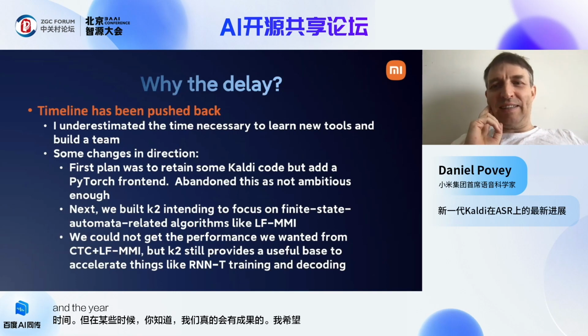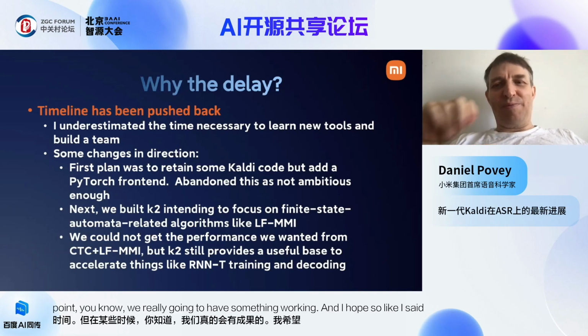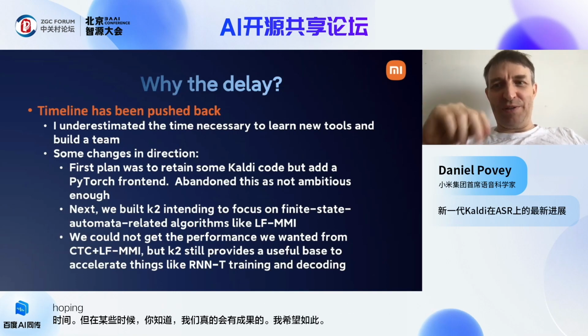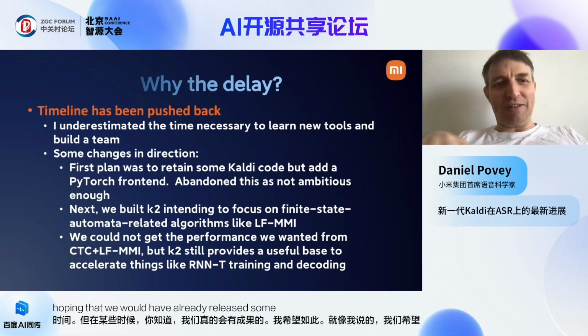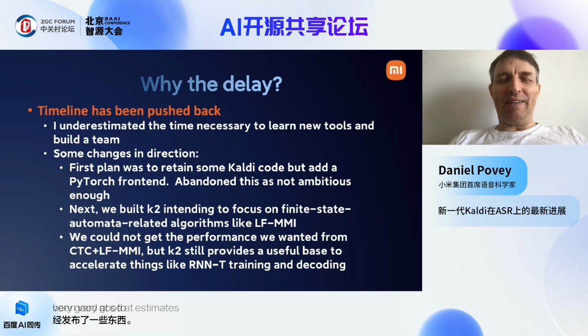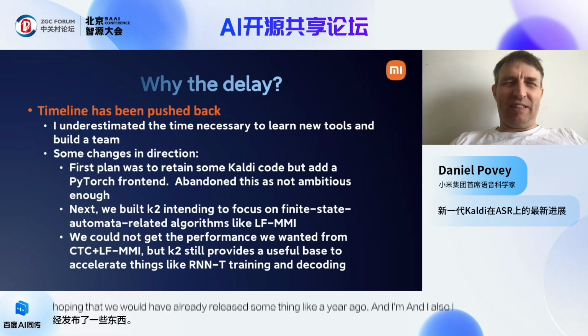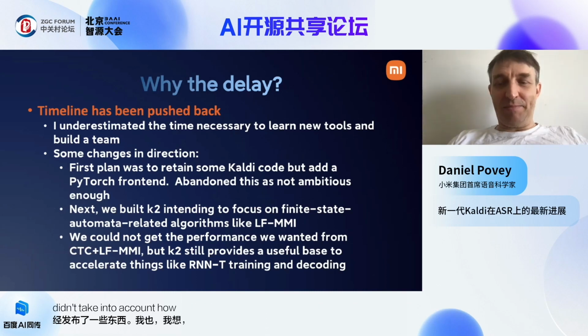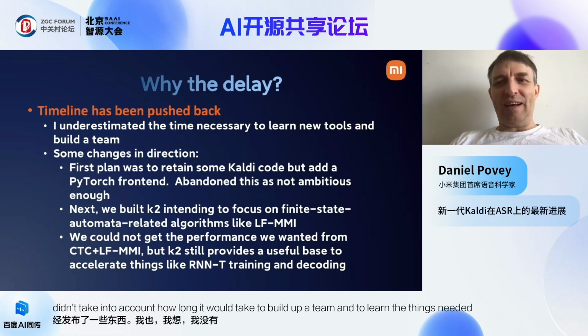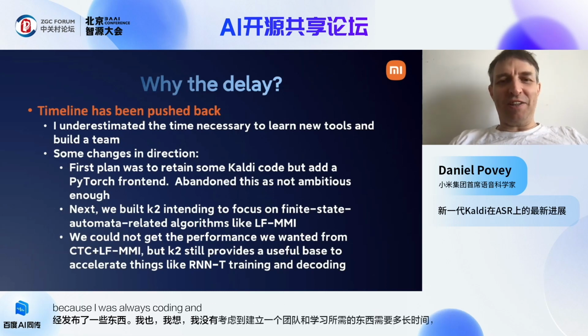Like I said, we were hoping that we would have already released something a year ago, and I've never been very good at estimating timelines. I guess I didn't take into account how long it would take to build up a team and to learn the things needed, because I was always coding in C++ and CUDA.